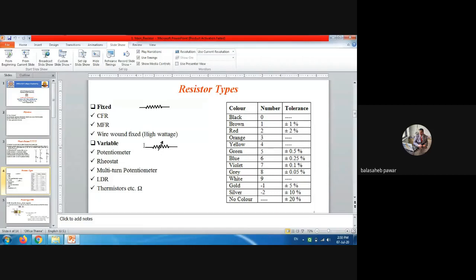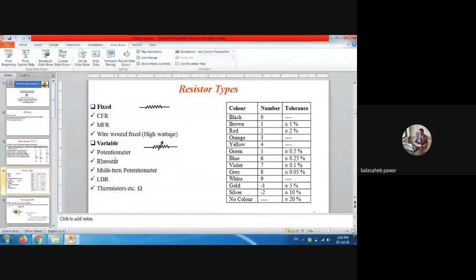In that you might have seen potentiometers, rheostats, and multi-turn potentiometers. We are going to compare these two effectively so that it will be very clear what the use of a multi-turn potentiometer is and how it differs from the conventional potentiometer. Then the next ones are LDR, light dependent resistor, thermistors, etc. All these are variable resistors.